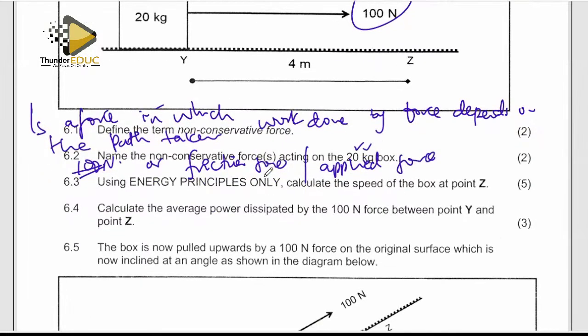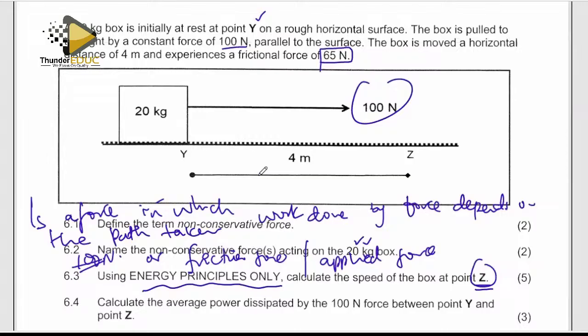6.3, using energy principles only, can we determine the speed of the box at Z? I know that the net work done is equivalent to the change in kinetic energy.